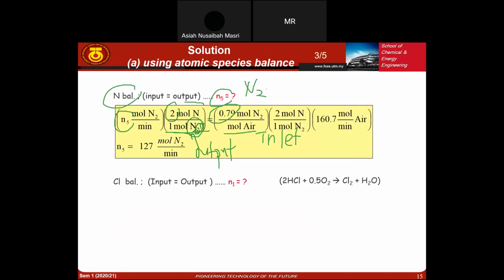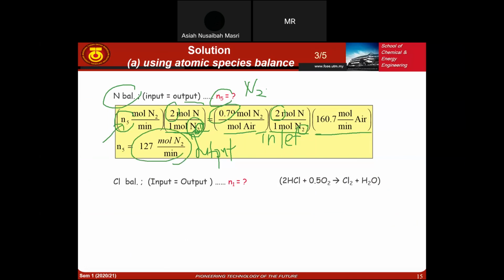And for every 1 mole of N2, there is 2N here, so 2 mole of N. And we know that the input for air is 160.7 mole per minute air. That is the air that we solved just now. So we have only one variable here, which is N5. We can solve for N5. We get 127 mole nitrogen per minute.